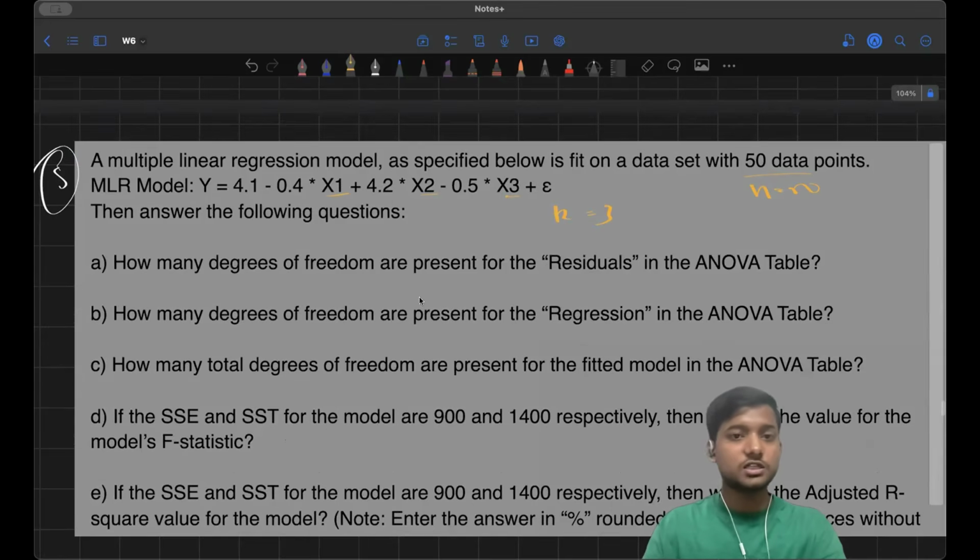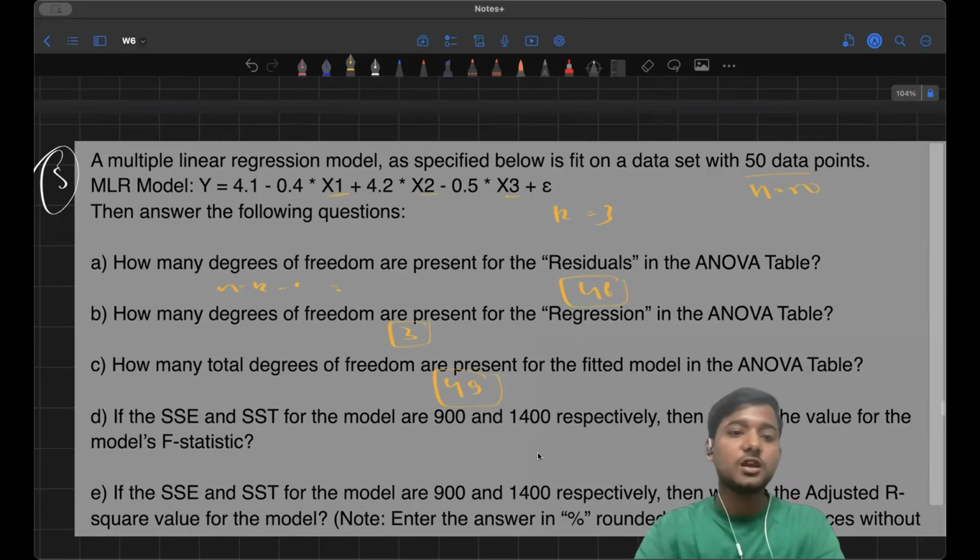What was the degree of freedom for residual? It was n minus k minus 1. So n is 50, k is 3, so it becomes 47, and then minus 1, you have 46. So this is going to be 46. How many degrees of freedom are present in the regression of the ANOVA table? For regression, it would obviously be just the number of input variables, k. How many total degrees of freedom are present? Total degrees of freedom is n minus 1. So I will have 49.